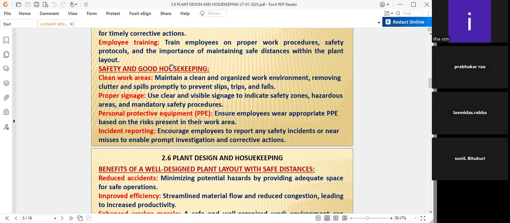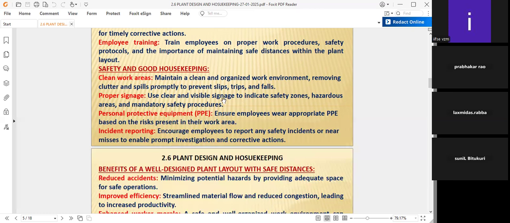You have to use clear and visible signages to indicate safety zones, hazardous areas, and mandatory safety procedures. Because if a visitor enters the gate, going to the destination department, and suddenly an emergency siren sounds, he doesn't know which way to go to the exit door to escape.